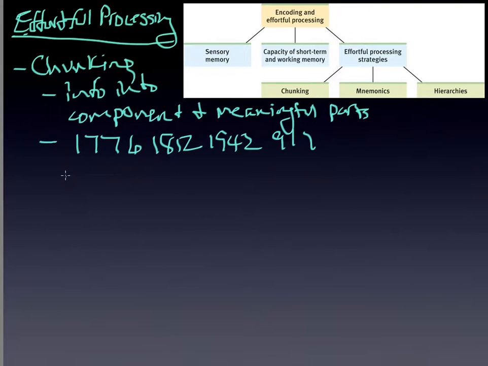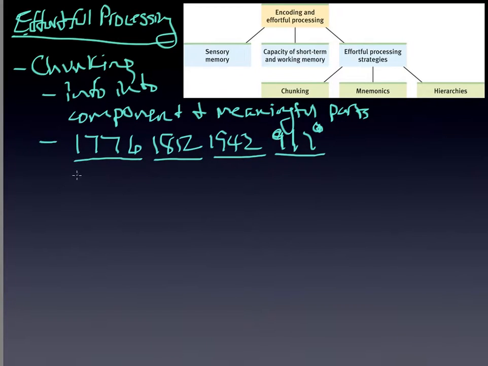Well, typically, when we look at these, we would chunk them. We'd say 1776 is when our country was born, 1812 was a war, 1942 was the beginning of the Second World War, and 9/11 actually would become a date that we might recall in our country's history. That is an example of chunking.